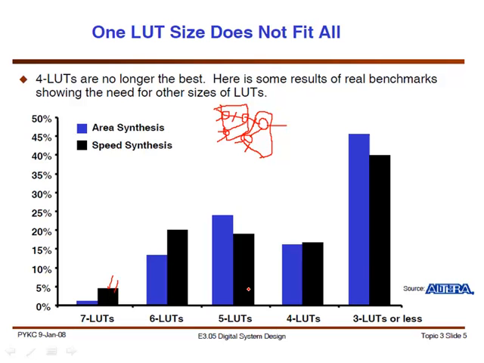So you do need a mixture of these, and that's one of the reasons that these FPGA devices allow you to use a 6 LUT basis and then combine them into 7 LUTs and 8 LUTs if needed. As you combine them into 7 LUTs and 8 LUTs, you're wasting some of the routing resources.